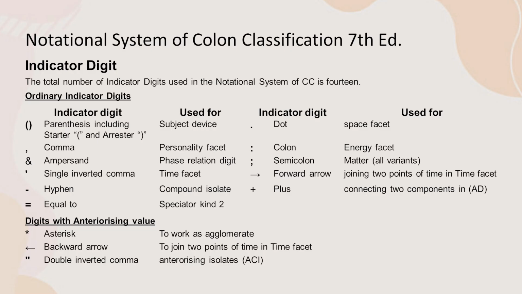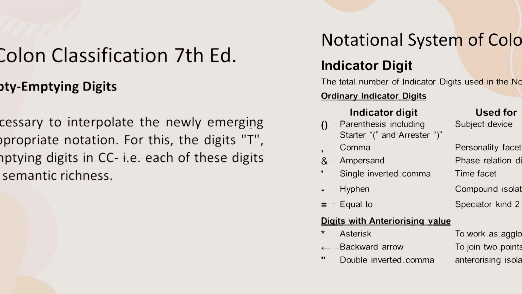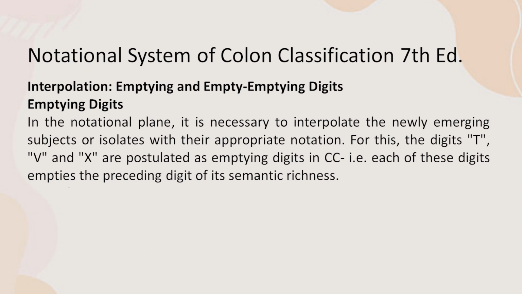The anteriorizing indicator digits such as asterisk is used to work as agglomerate, double inverted comma is used to denote anteriorizing common isolate. Next, in colon classification 7th edition, we may experience several newly emerging subjects and many other subjects may emerge in future.